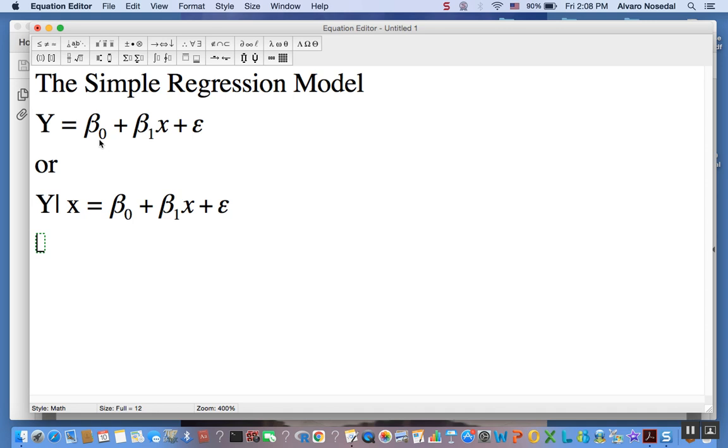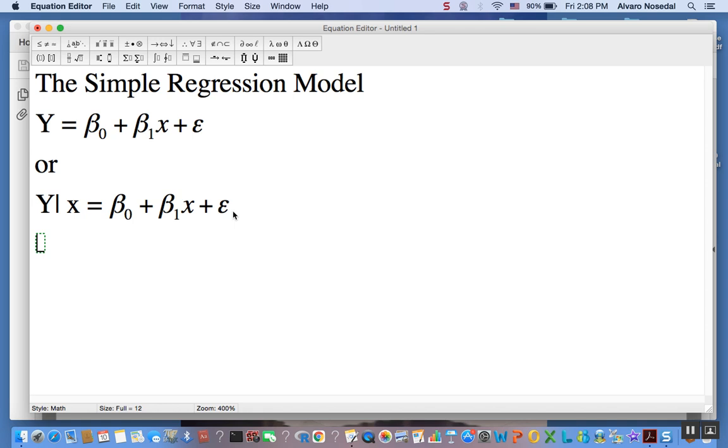Y equals beta 0 plus beta 1 times x plus epsilon, or if you want to underline the dependence of y on x, y given a particular value of x equals beta 0 plus beta 1 times x plus epsilon.